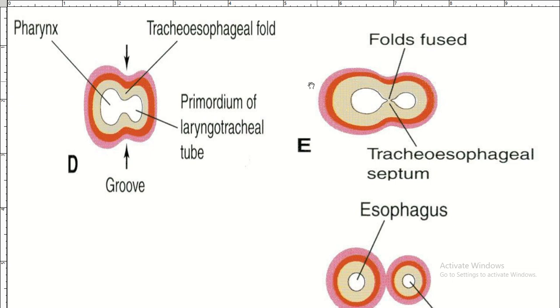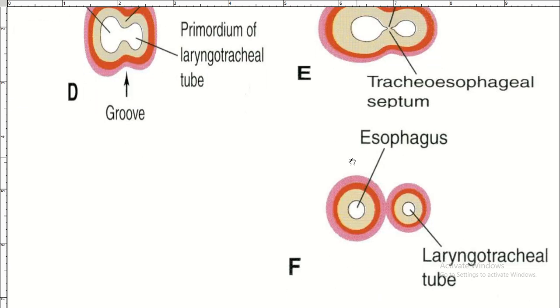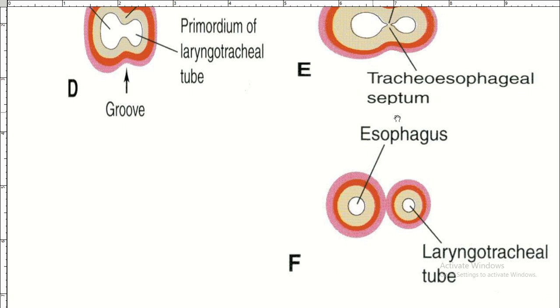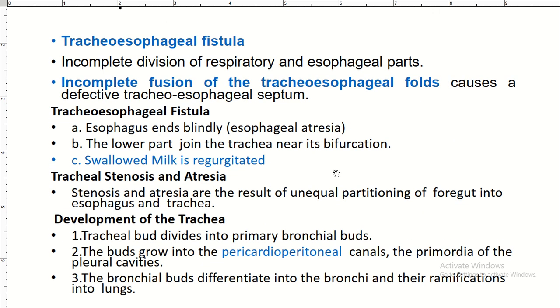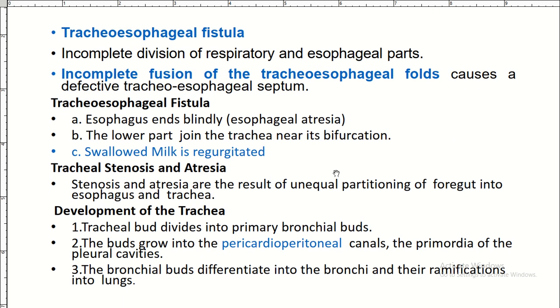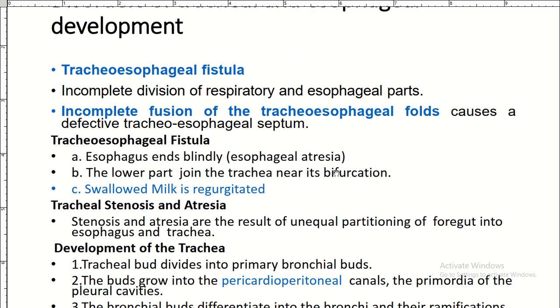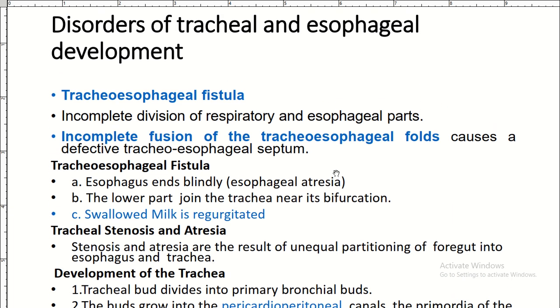Right. So due to this development, there can be defects in the separation of the lung bud and the esophagus. These are some of the defects that we are going to talk about here: disorders of the tracheal and esophageal development. We have tracheoesophageal fistula being the first one.